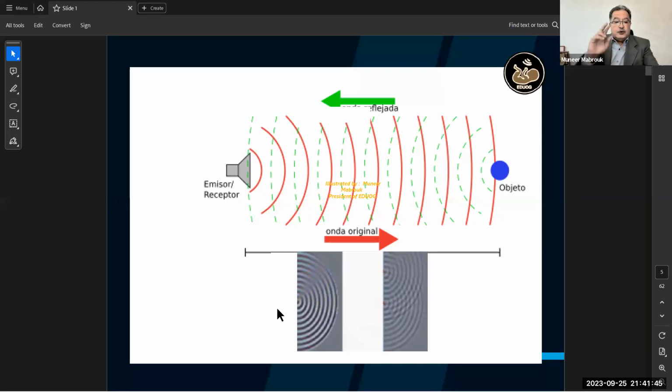If you throw two stones at the same time, you will have this wave cycle and the other wave cycle that could interfere with each other in this way. So this is the same. How does the ultrasound machine send sounds to the tissue or to the body?